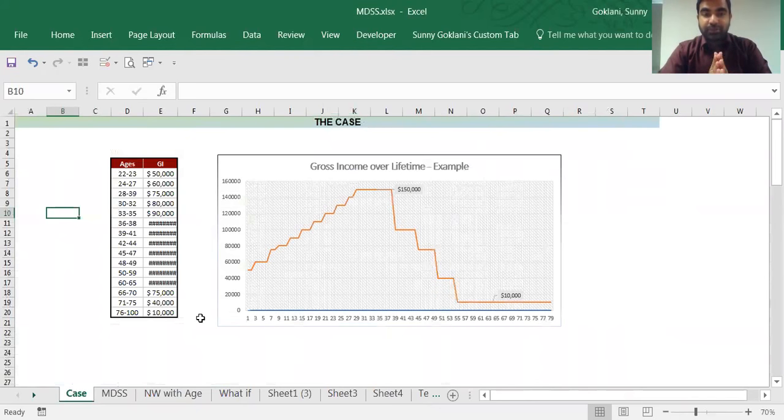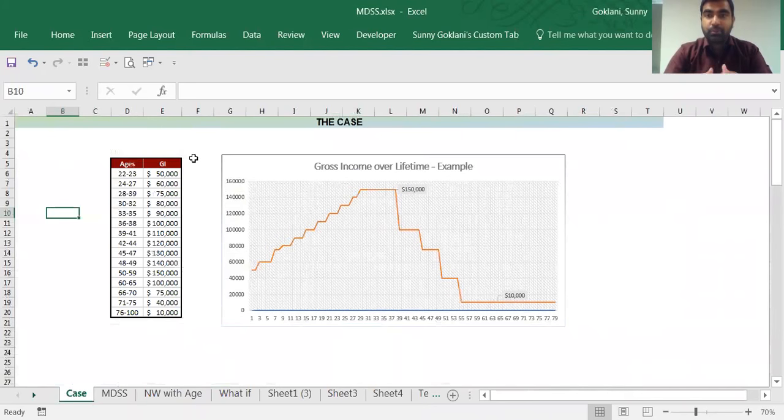I will start by saying, first of all, that I know there exist financial calculators, simple interest and compound interest calculators out there, but the purpose of building an Excel model is that, first of all, you can have custom cases.